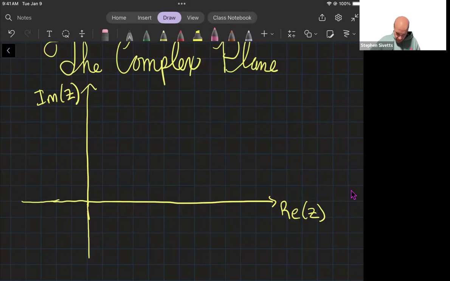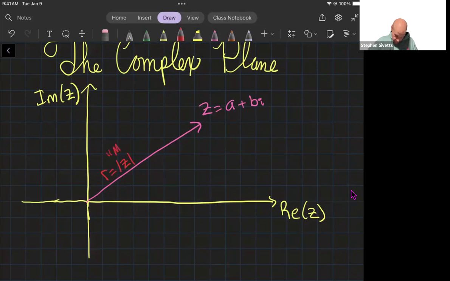A complex number, we can express as a vector, right? So if I let a complex number z equal a plus bi in the first quadrant, for example, a vector has a magnitude and a direction. The magnitude r is defined to be the modulus of z.